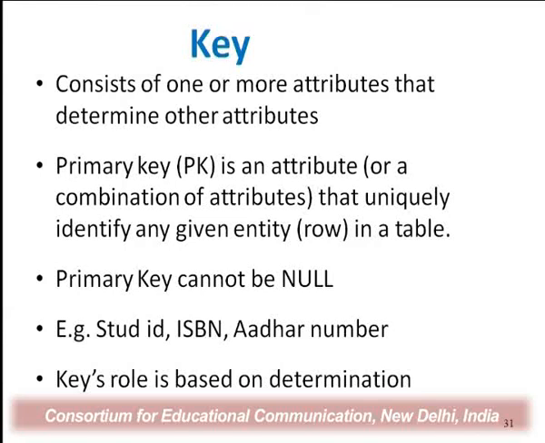The primary key is that attribute, or maybe a combination of attributes, which is used to uniquely identify the records, the rows, in a table. For example, if you have 1000 students' records in a table and you want to identify each of them uniquely, how do you do that?